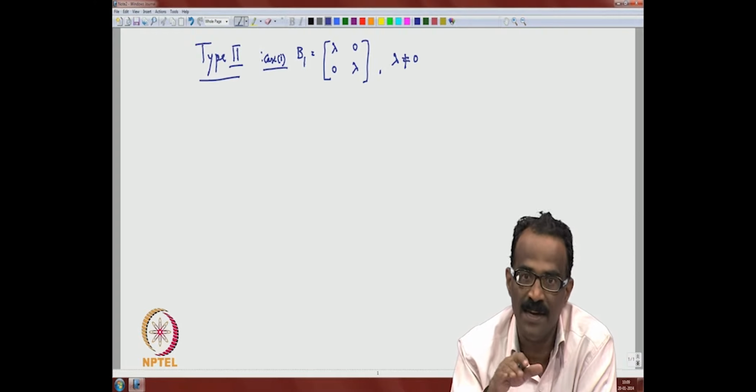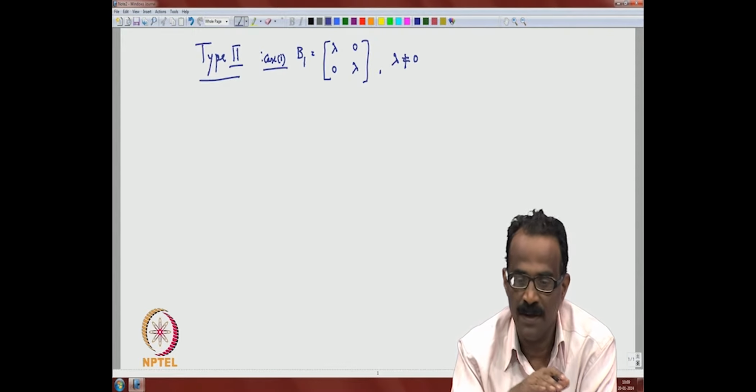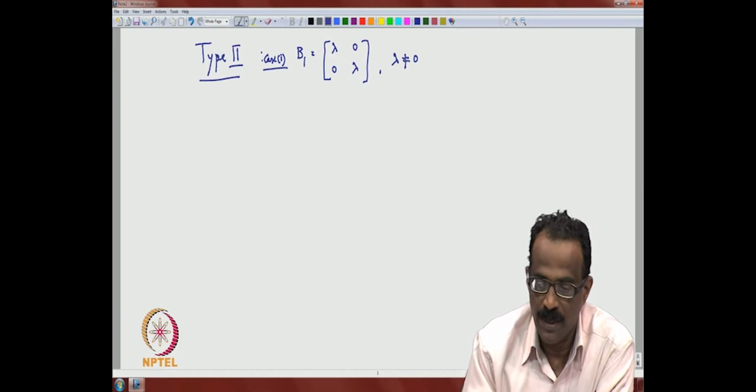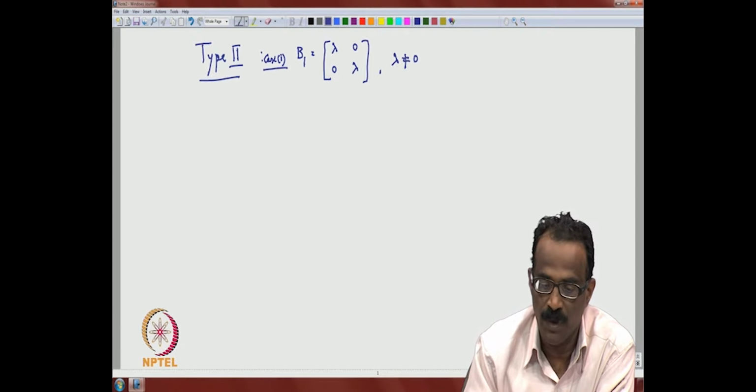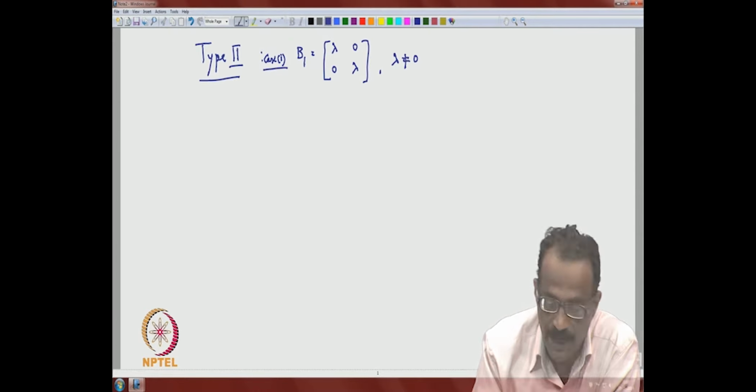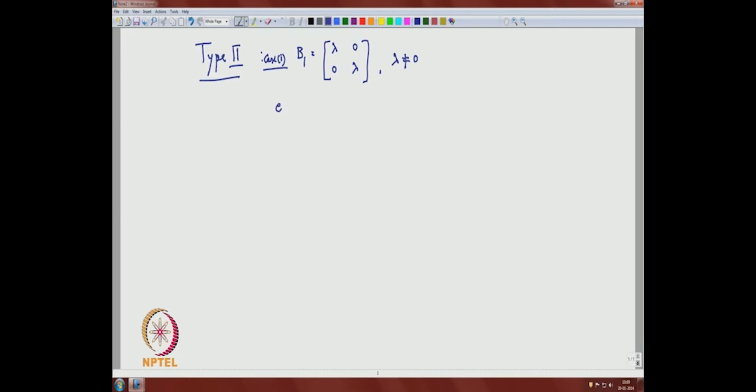In this situation there is absolutely no difference. It is exactly like type 1, and the equilibrium point is a node, exactly like in the previous class for type 1.